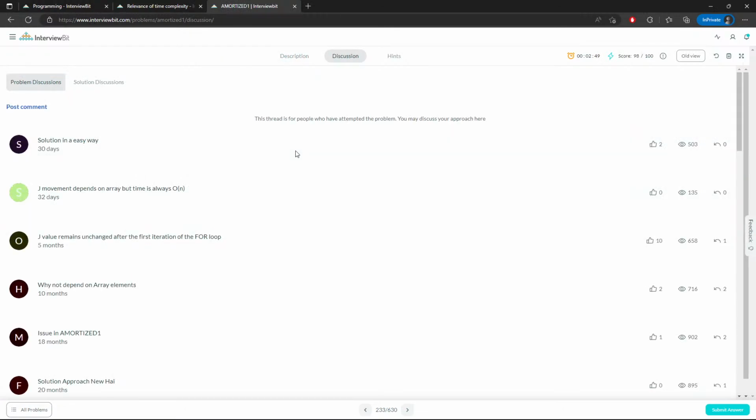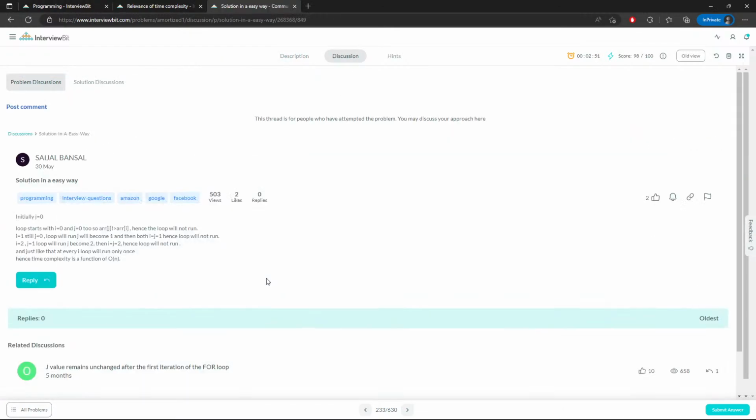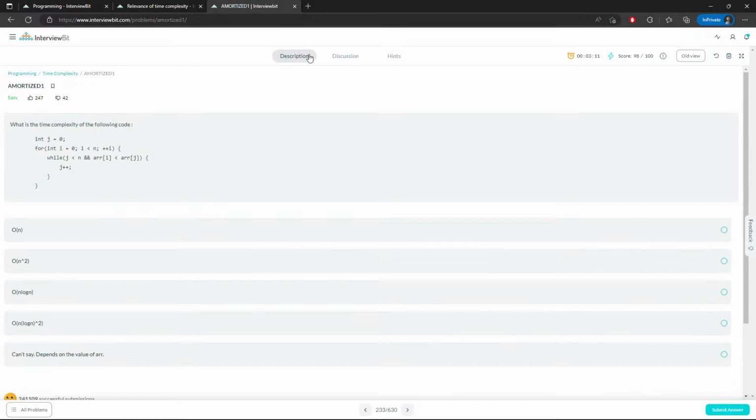Let's look at discussions. Solution is very easy. Loop starts with I and j 0. So if array j is not equal to array I, hence the loop will not run. Okay. I equal to 1, j equal to 0, the loop will run because j will become 1. I and j are 1, hence the loop will not run. It is j here.